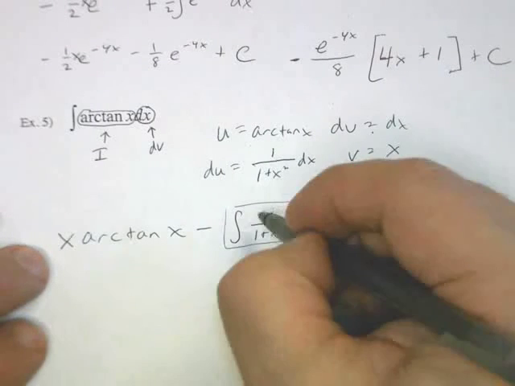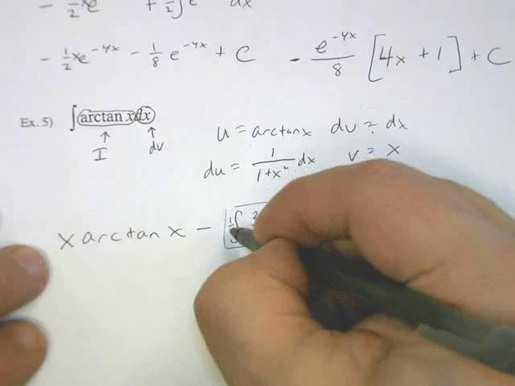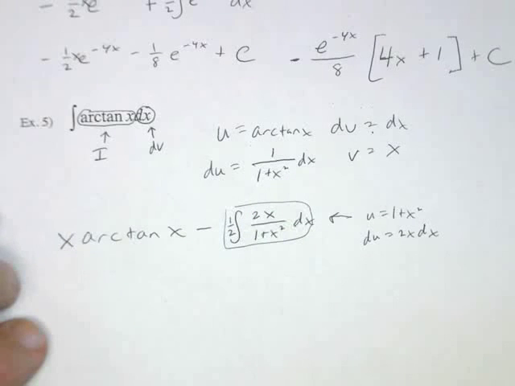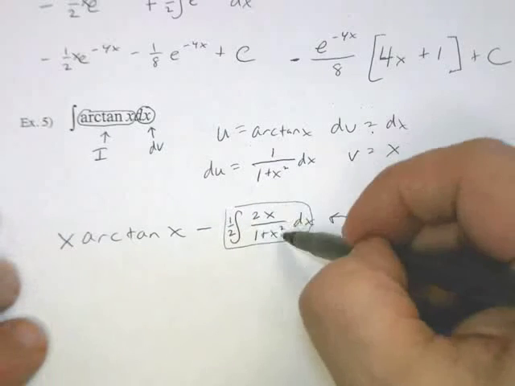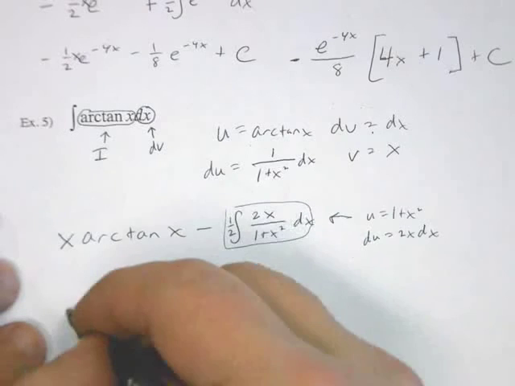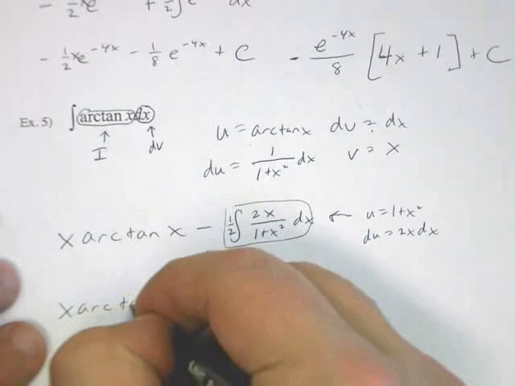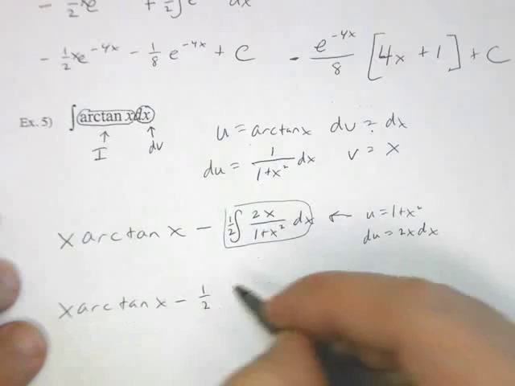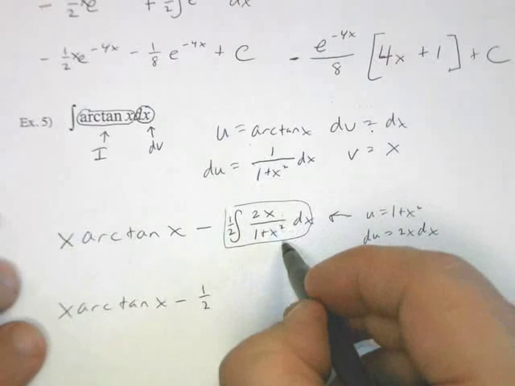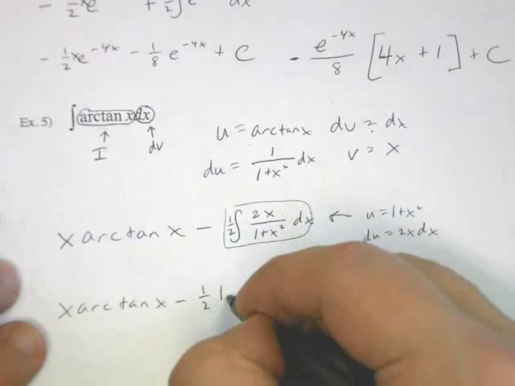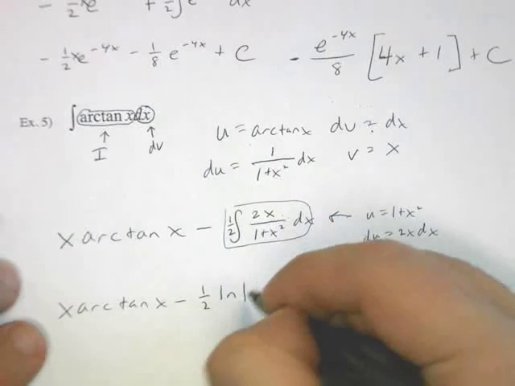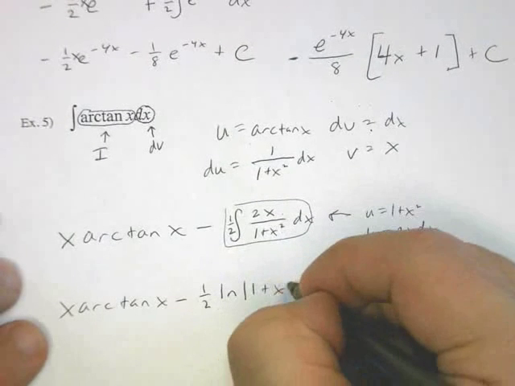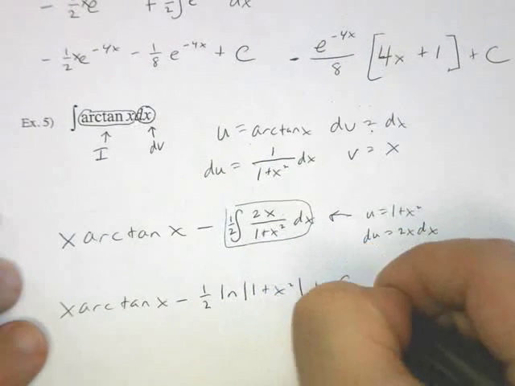If I make this a 2, and I put a 1/2 on the outside, which I'm allowed to do, now I have du over u. So we have x arctangent of x minus, we have a 1/2. We have du over u, which we know is natural log, absolute value of u, so 1 plus x squared plus c.